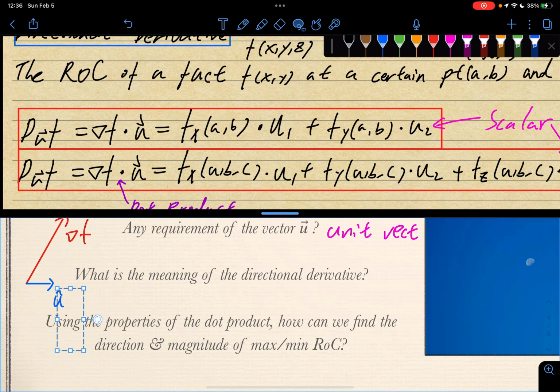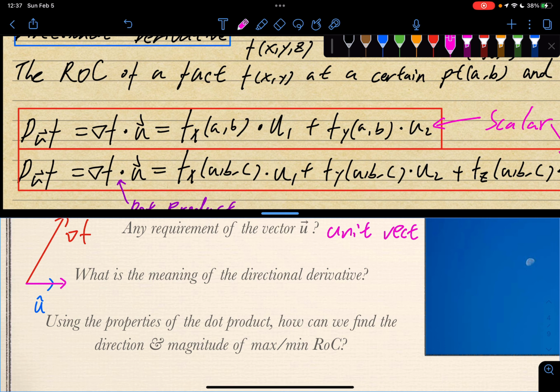The result is a scalar quantity that tells us how much the value will be increasing in the direction of u. It's kind of like the idea of projections, but the unit vector can be in any direction.